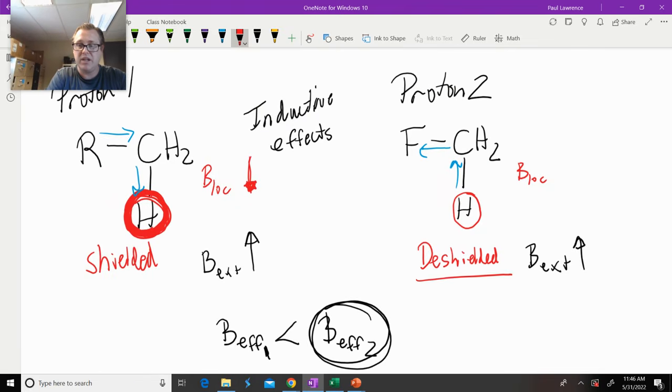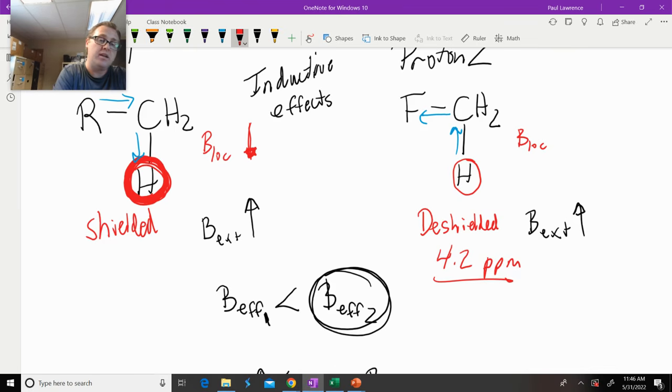Proton 2 is deshielded, and it has a chemical shift of 4.2 ppm, which is downfield in comparison to proton 1, which has a chemical shift of 0.9. And so that would be upfield. Okay.